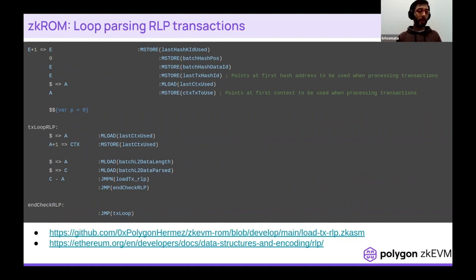And in order to do so, we need to decode the transaction. And as I mentioned, the transactions in the call data are supposed to be RLP encoded. So what we're going to do is take each transaction one by one and try to decode it. Why do I say try? Because in the call data, there could be any data.